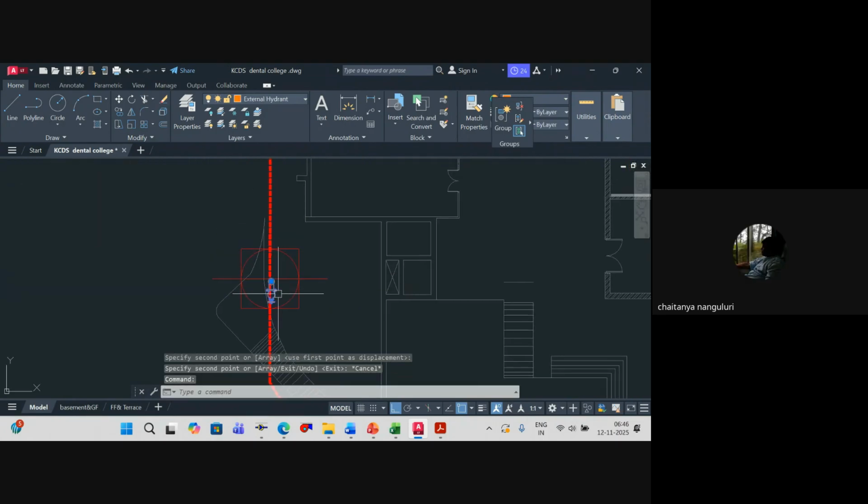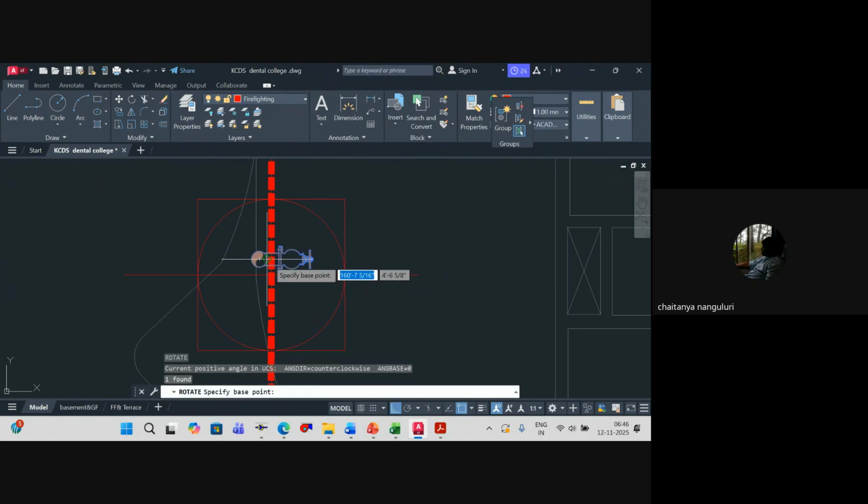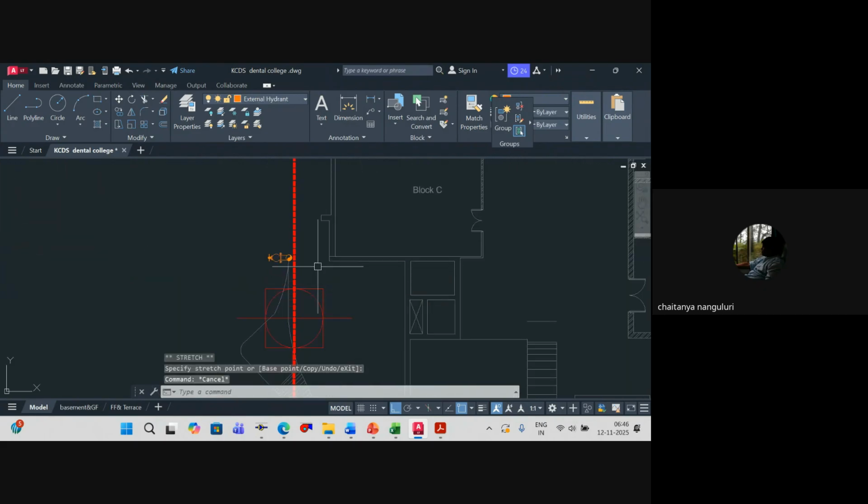So external to the 90 degrees or whatever, I might have to place it elsewhere over here.